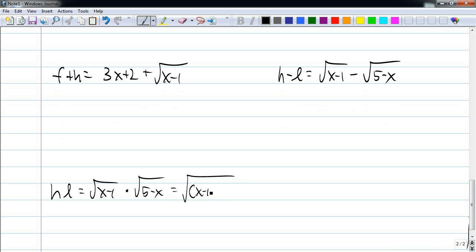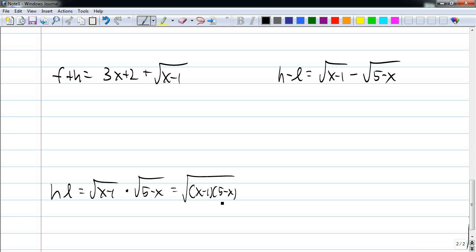So I can do this. And then if I wanted to, multiply it out. I'll just leave it here. I would multiply this out if I wanted to, and that would be my answer.